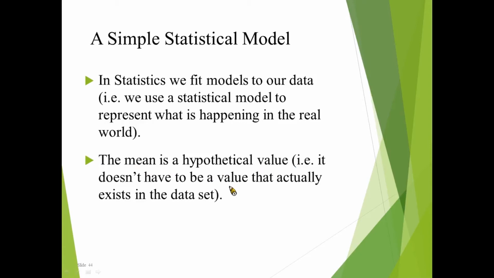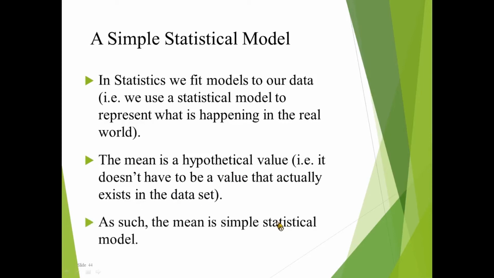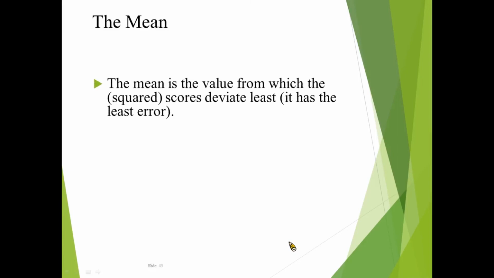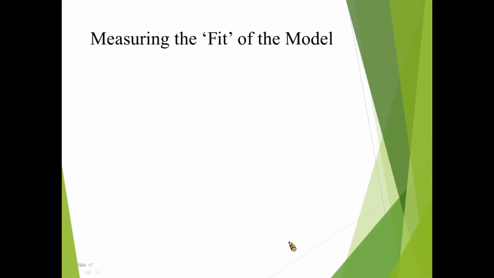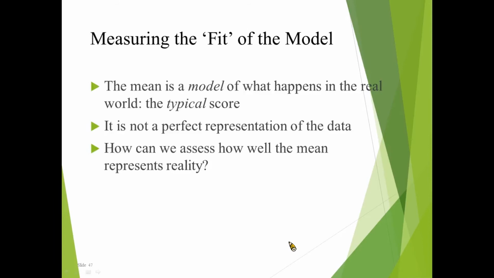It doesn't have to be a value that actually exists in the data set. As such, the mean is a simple statistical model. So the mean is a model of what happens in the real world.